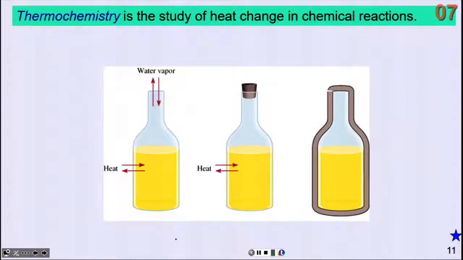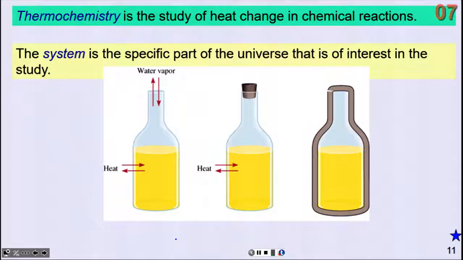So in doing this, in thermochemistry, looking at heat change in chemical reactions, we're looking at different kinds of potential places where reactions will occur, and we use some generic-looking flasks in describing these. So the system is the part of the universe that is of interest in the study, and the surroundings is around it, right? So the first one is an open system.